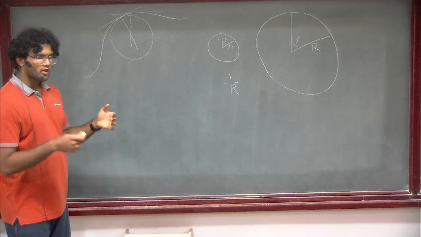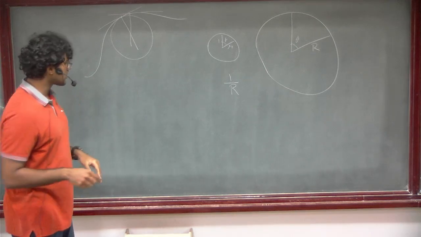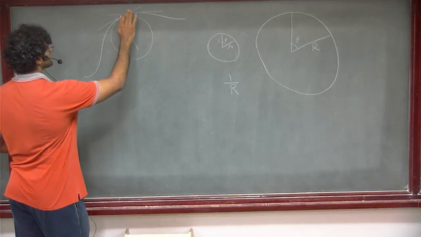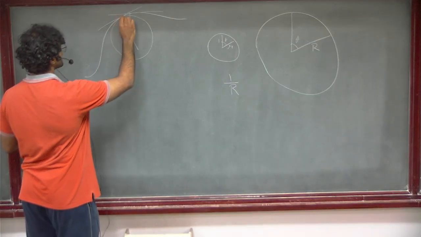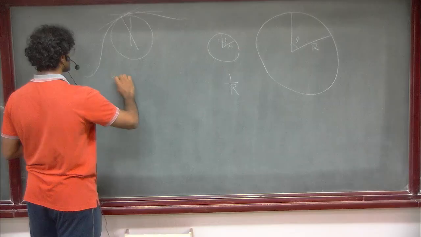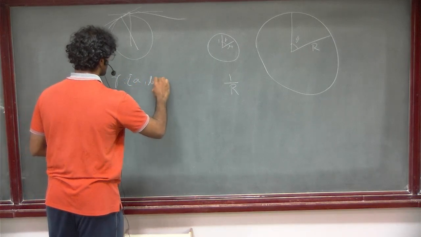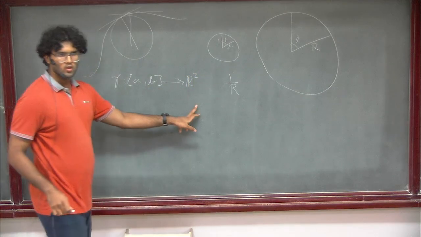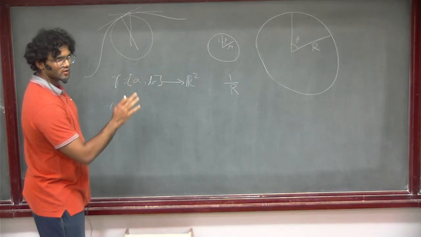Another way you might think to define curvature: you only care about directions, so you take the unit tangent at every point on the curve. If the curve is given by gamma, curves are just functions from an interval to the plane for plane curves, and we assume that the derivative is non-zero everywhere.